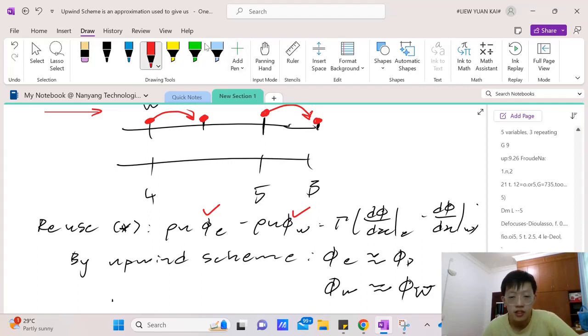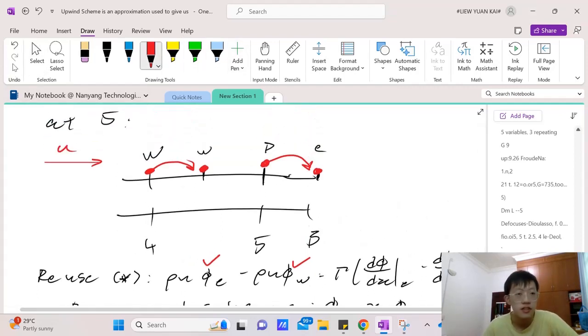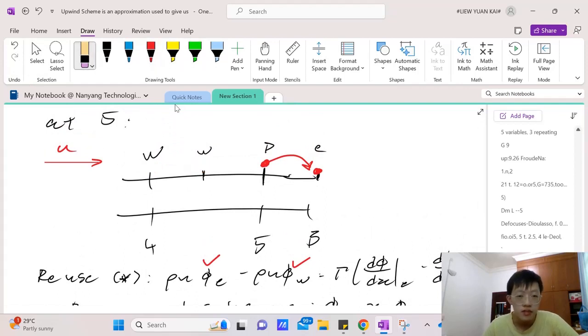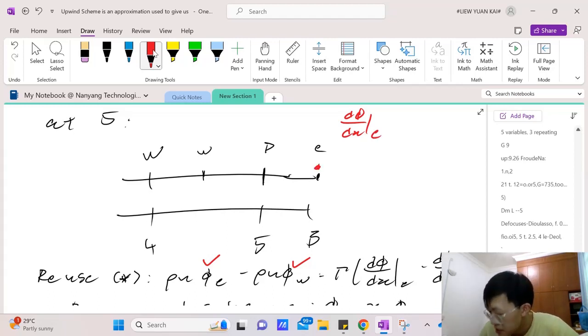Okay, now we have to do d phi dx at E. We're already familiar with this by now. To find d phi dx at E, you stand at E, then use immediate right minus immediate left divided by the segment. But in this case, we do not have immediate right, right? So instead of using immediate right, we have to use the point itself. So the point itself minus immediate left divided by the segment, which is delta x over 2.